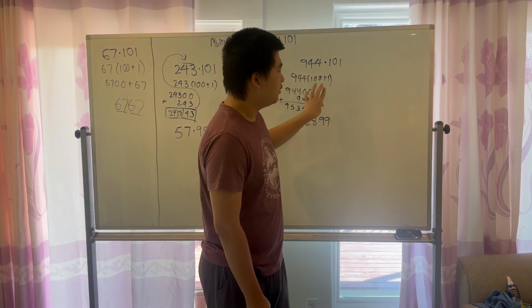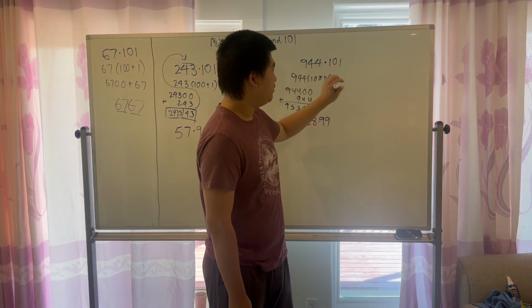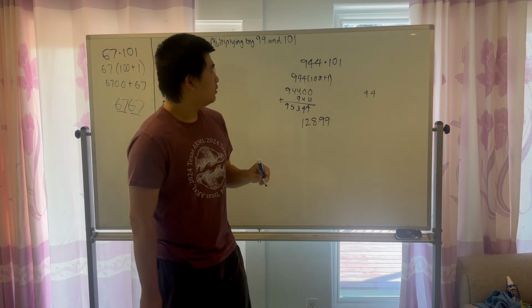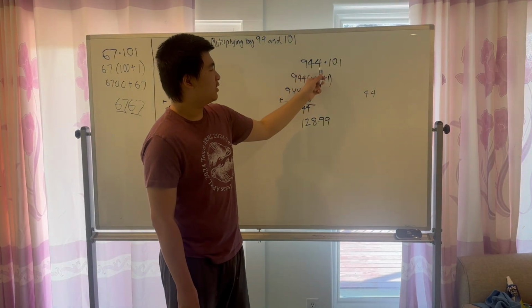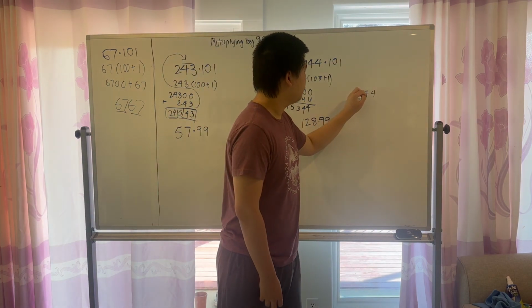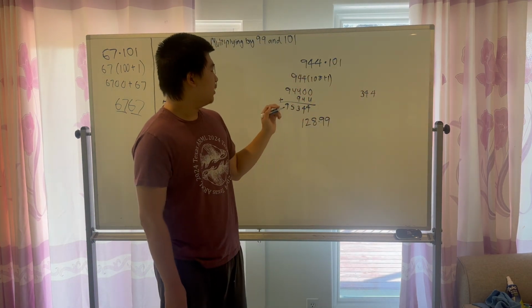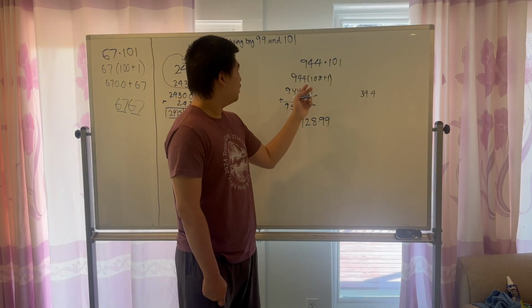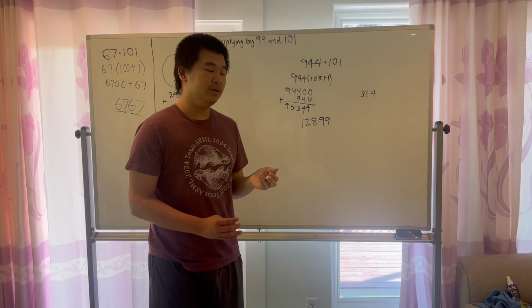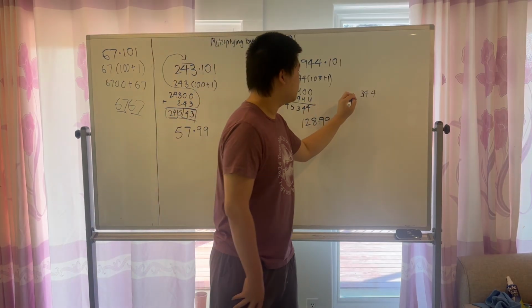When we go right to left, we'll write the last two digits, so those will never change. And then we'll have to add this digit plus this digit, 9 and 4, which makes 13. Carry the 1, and then I'll write 94 for our first two digits. But remember that I have carried a 1, so it is 95.